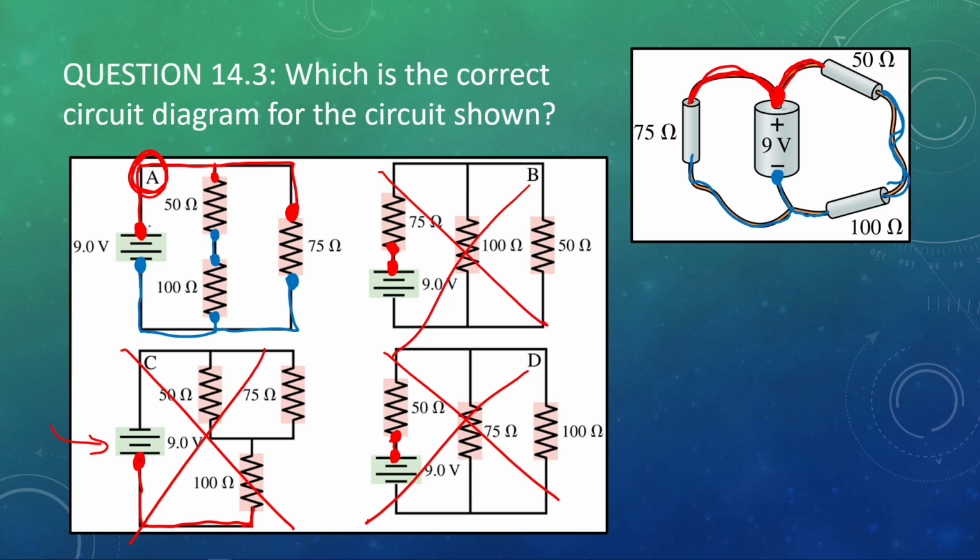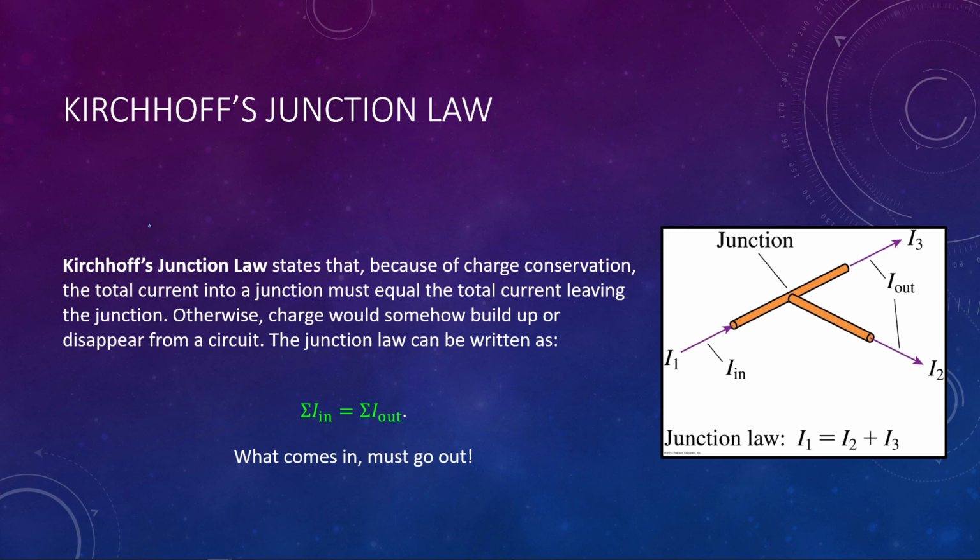Okay. Hopefully with that out of the way, we can now start to reintroduce some laws and apply them to circuits that show these circuit diagrams, and you'll understand it. So, this lecture is partially referred to as Kirchhoff's laws. We have previously already talked about one of these laws, which is Kirchhoff's junction law.